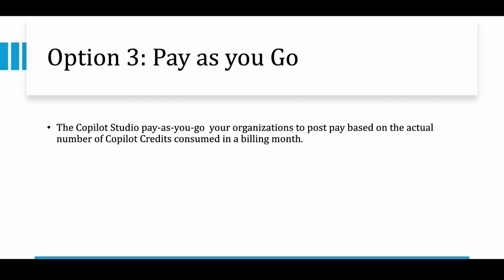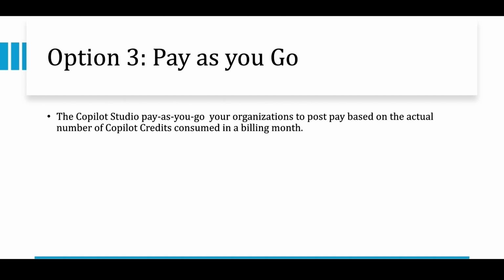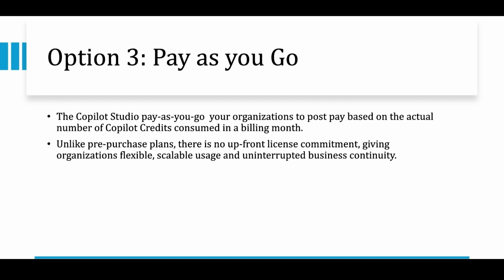Now we'll talk about option number 3, which is the postpaid, pay as you go option. Copilot Studio pay as you go allows you to pay later based on the actual number of Copilot credits consumed in the billing month in your organization. So you don't have to pay any upfront cost. It provides higher scalability and uninterrupted business continuity.